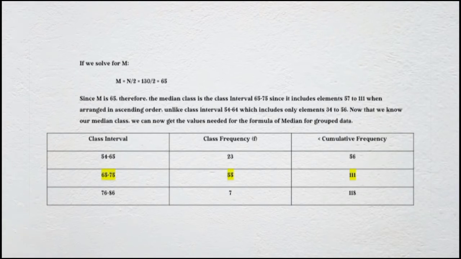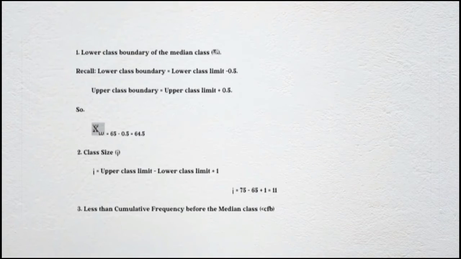So we have the class interval, class frequency, and less than cumulative frequency in the frequency distribution table. Now look for the lower class boundary of the median class. So let's have a little recall.